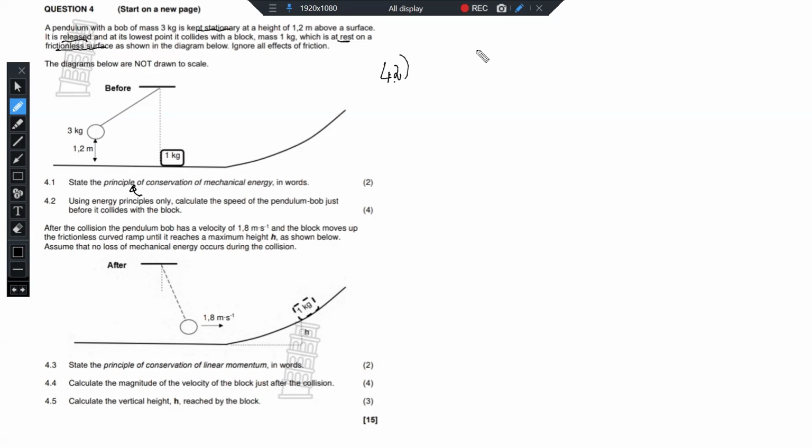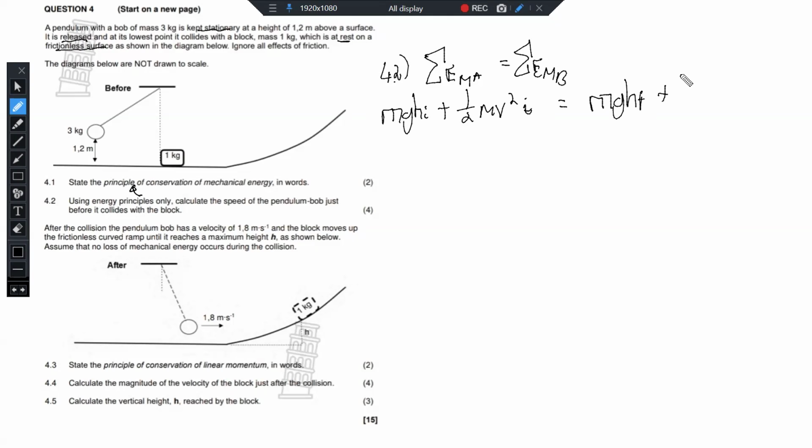So that means you're going to start by saying the sum of mechanical energy at point A, so that's before, is equal to the sum of mechanical energy at point B, right? So obviously this breaks down to mgh initially plus half mv squared initially, equal to mgh finally plus half mv squared finally, right?